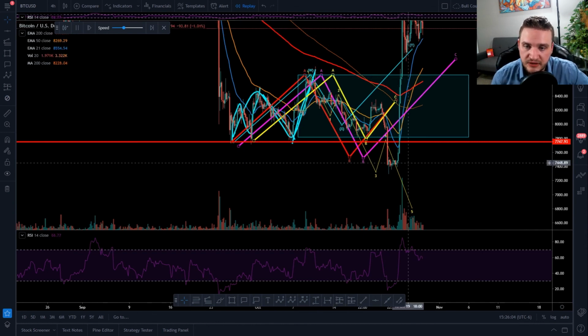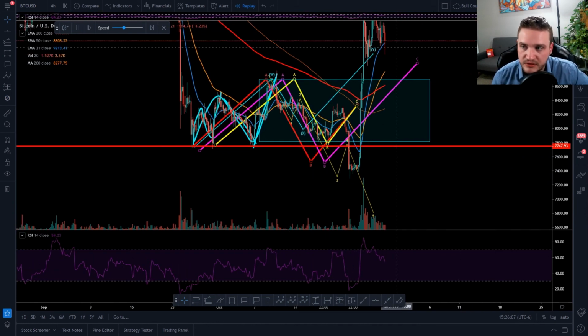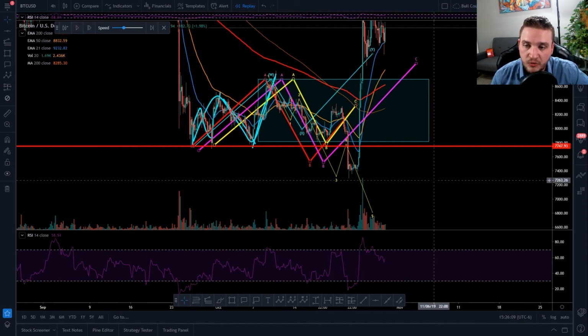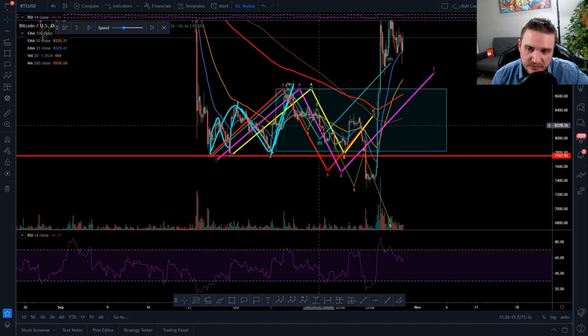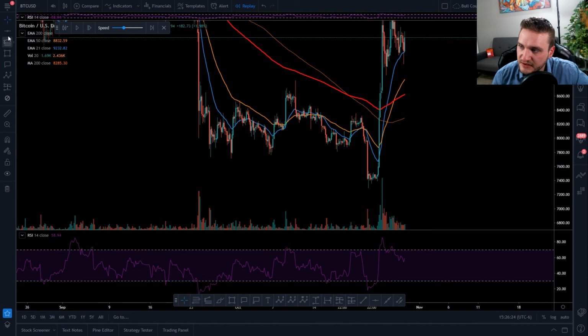In this case here, what ended up playing out, I'm going to pause this. What ended up playing out was your expanded B here. Okay, and inside this move here was a zigzag. So it was a 5, 3, 5 zigzag. I'm going to clear that off and you can see it here.